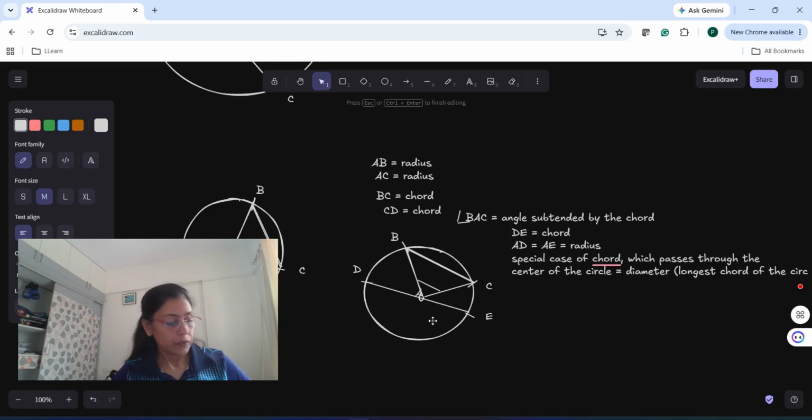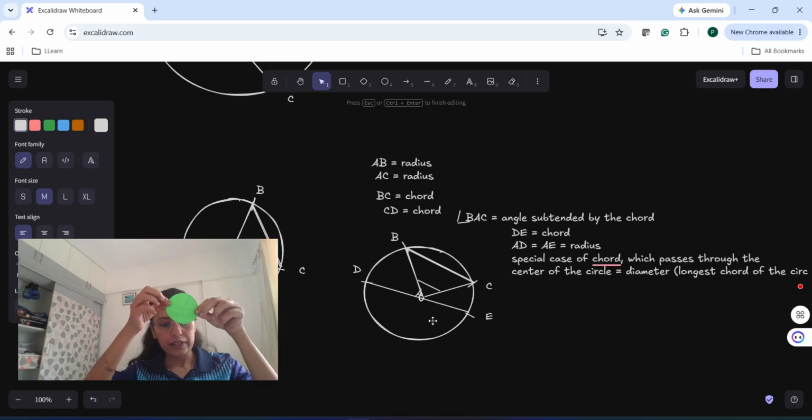Now I'll give another example of another property of the circle. This is a circle I have formed, a cutout of the circle.